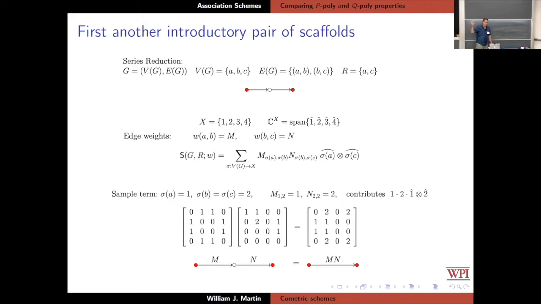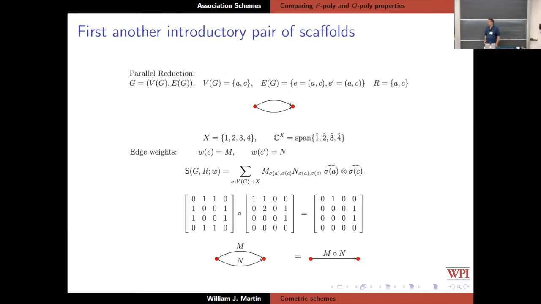So if you calculate this, you find out that this diagram is exactly the same as this diagram, where if I just define this with just 2 nodes and only 1 weight, M times N, you would get the same exact outcome.